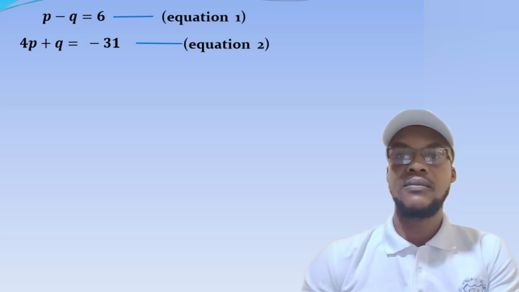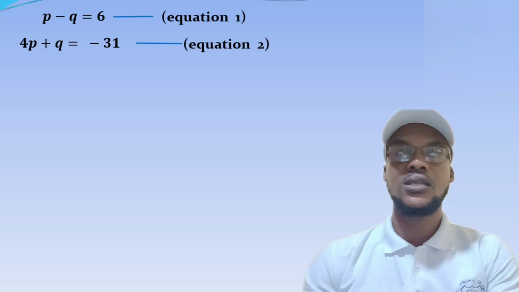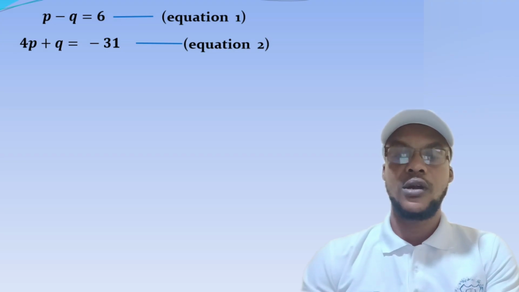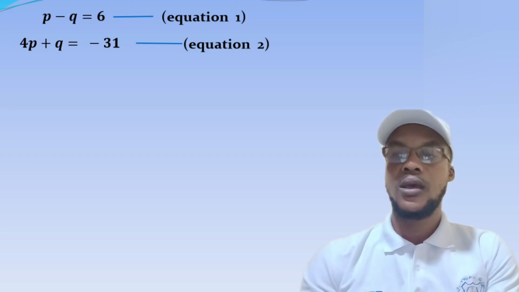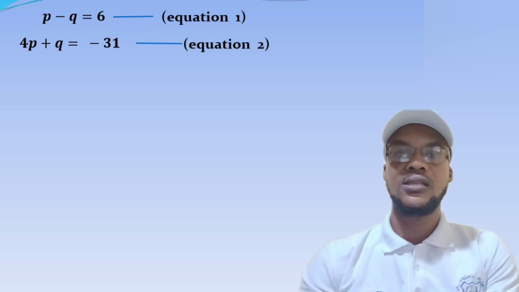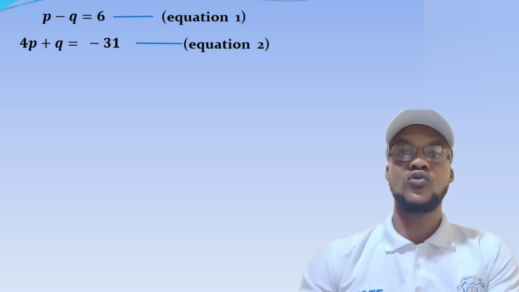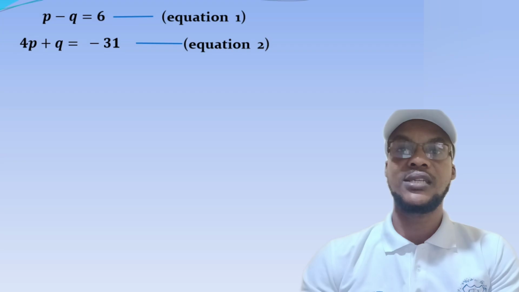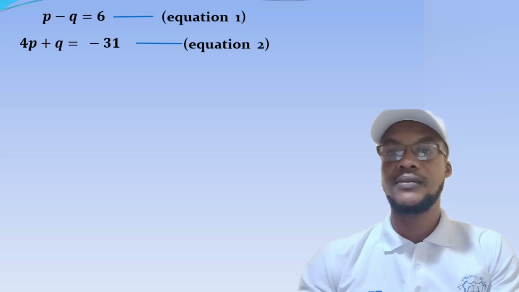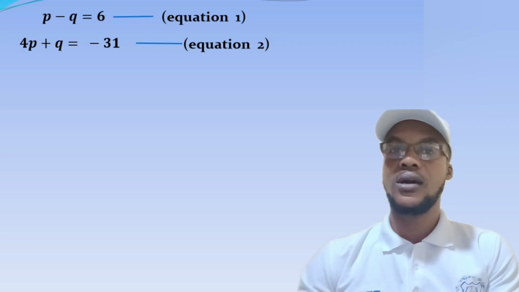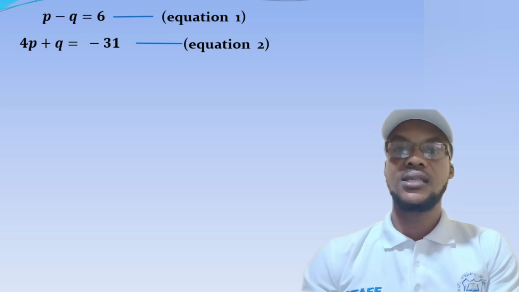Some prefer using the elimination method, but I want us to focus on the substitution method. There is no special reason for using that because you can choose any of the methods, either substitution, elimination, or graphical. I prefer using the substitution.